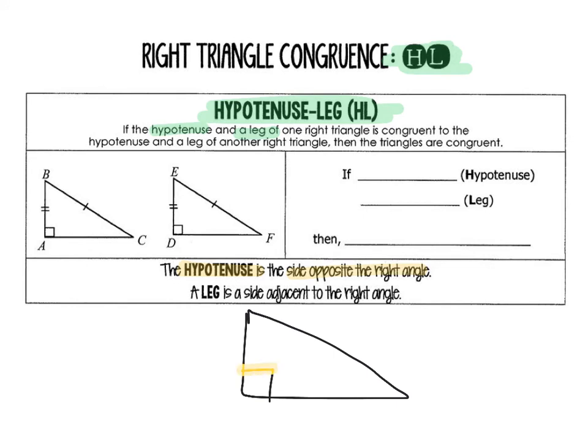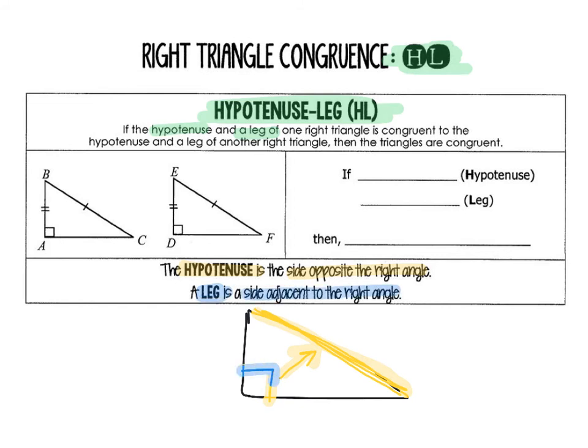So if this is our right angle, the side opposite it would be this side right here. Basically, we look at our right angle and go to the side opposite that. So this side would be our hypotenuse. Then the legs of a right triangle are the sides adjacent to the right angle.